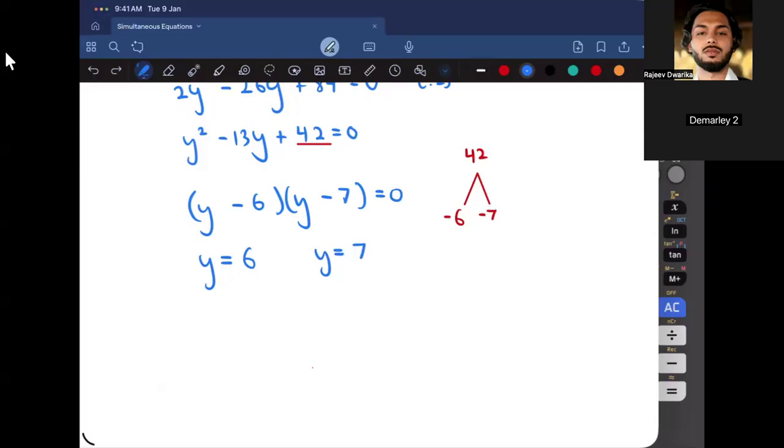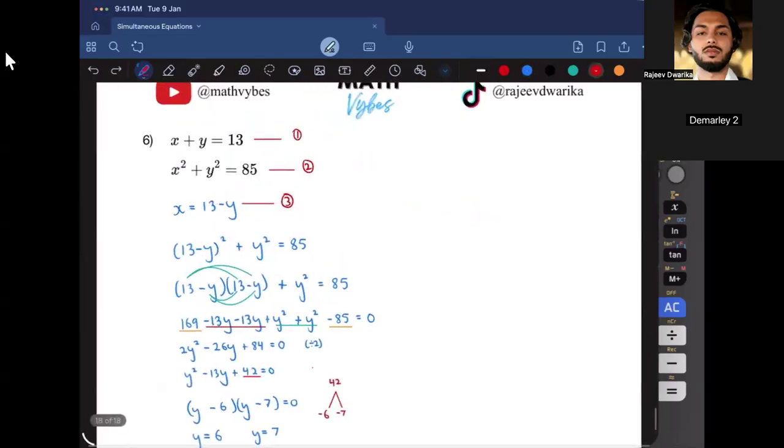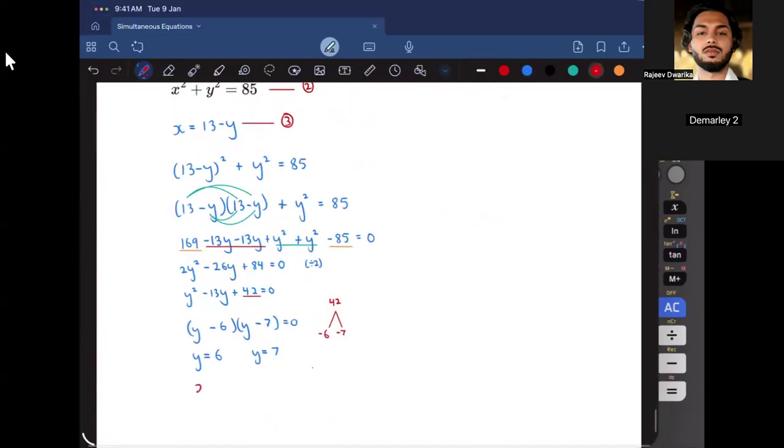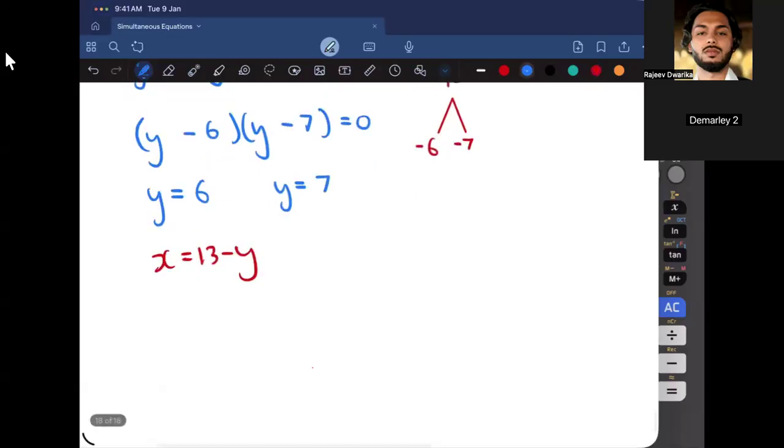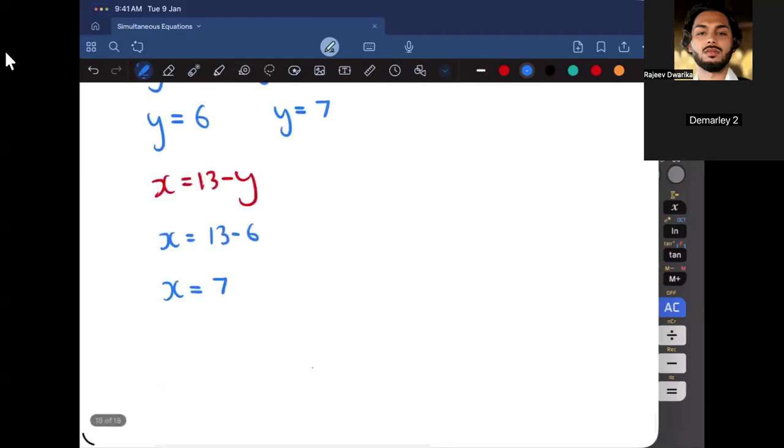But we're going to use equation 3 now. Equation 3 says that x is equal to 13 minus y. And so when y is 6, x is going to be 13 minus 6, and 13 minus 6 is 7. So that point is going to be 7, 6.